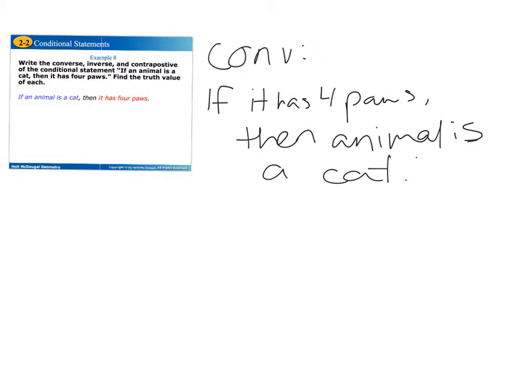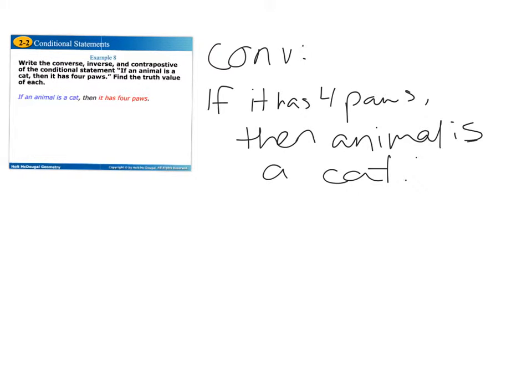Now I want you to say the truth value of this. When I read the original, if an animal is a cat, then it has 4 paws, that's true. When you do these, you don't have to think that some cats lose a leg, so not all cats have 4 legs because some have 2 or 3. You're just thinking of the general definition of a cat.